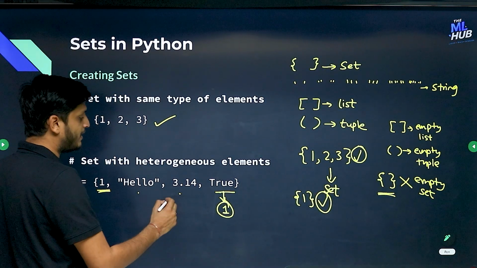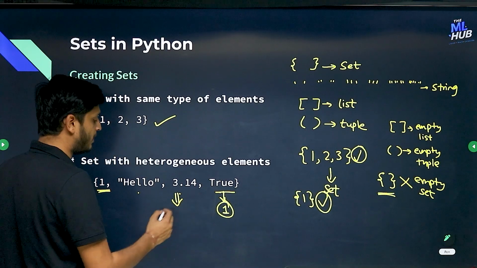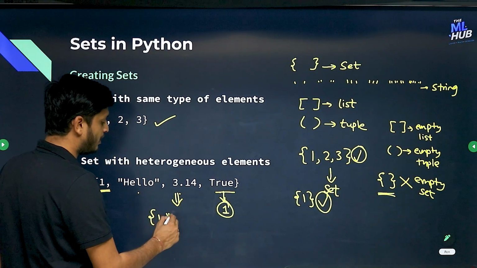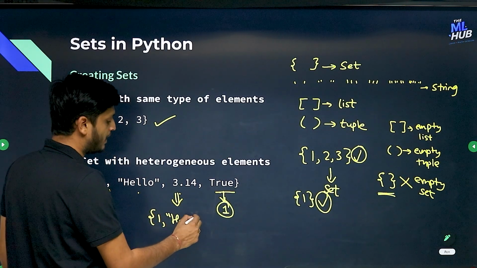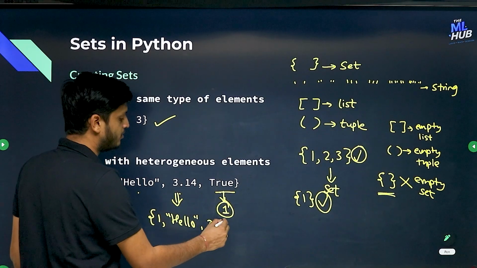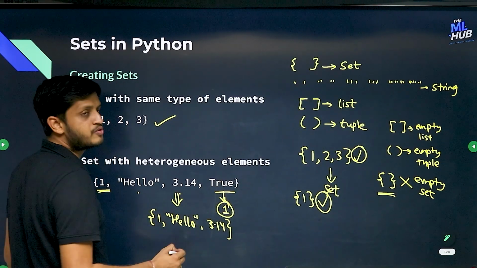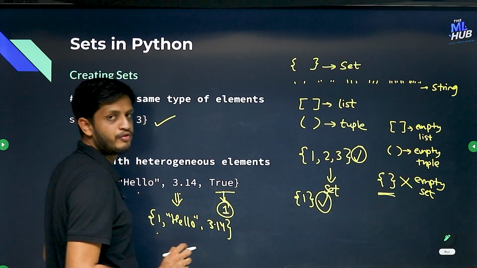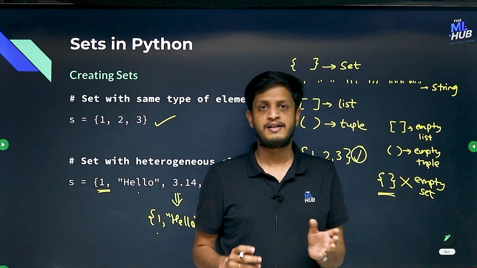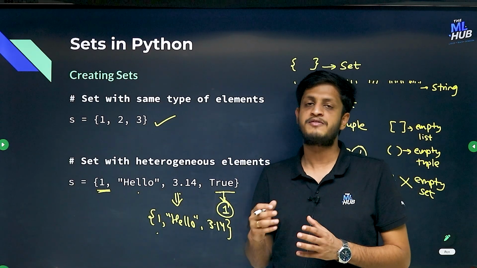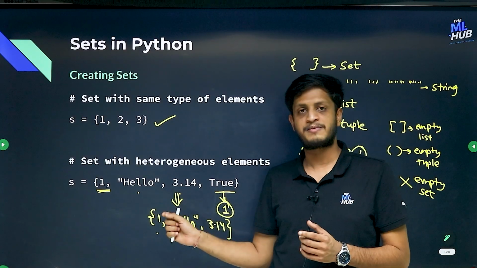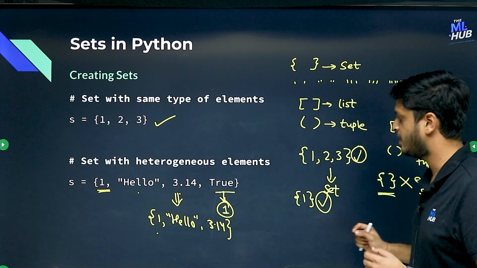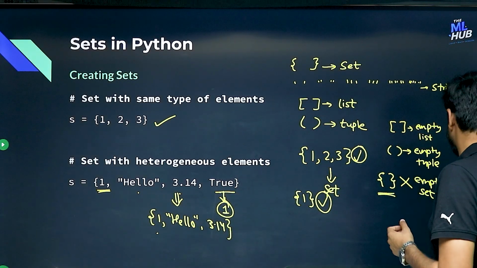So when you create a set like this, True will be automatically removed and only 1, hello, and 3.14 will be there. But the point is, a set can contain heterogeneous elements, which means different data types in the same set are allowed. Okay, so this is how you can create a set.